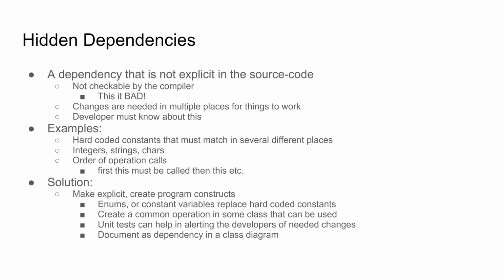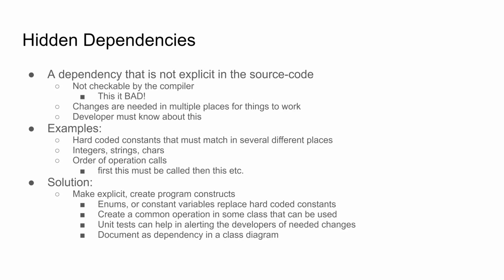Unit tests can help in alerting developers of needed changes. So if you have automatic unit tests, you sometimes can catch these hidden problems that can crop up when you have hidden dependencies. So the system does not behave as it should anymore, and you may catch this in unit tests.